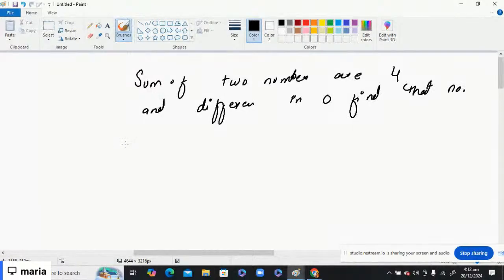So what are the two numbers? For example, let's start from 2 plus 2. 2 plus 2 is 4. This is the sum. And the difference is 2 minus 2, and that is 0. Understand? This is the way that you are going to find it.